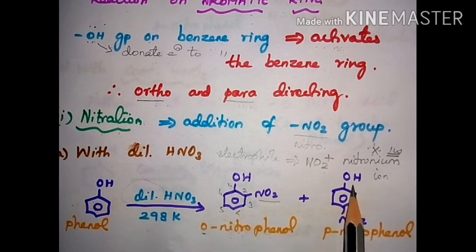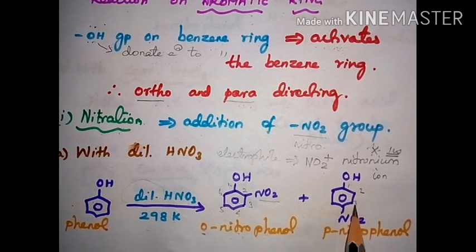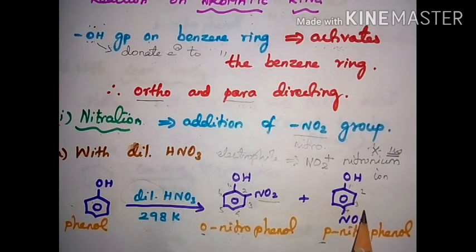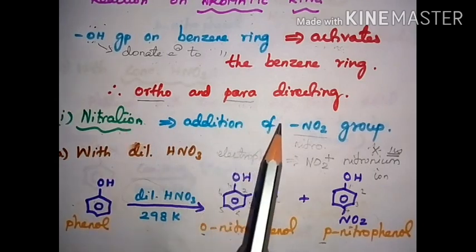So 1, 2, 3, 4. The 1, 4 position is called para. In the 4th position the NO2 group is attached, so it is called para. If there is no substituent, the parent compound is called phenol. So para nitrophenol.